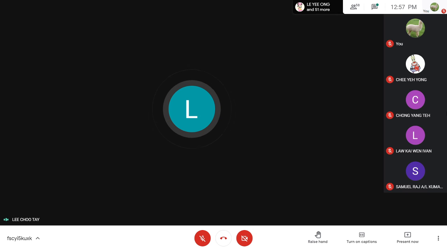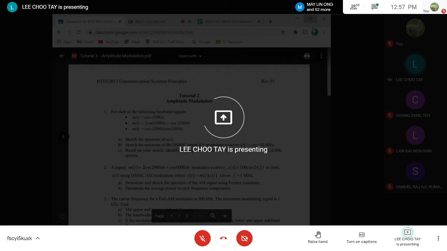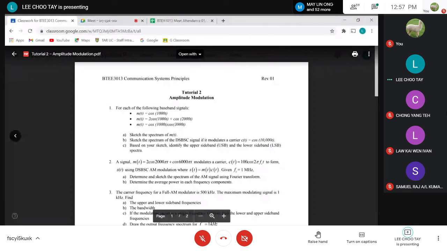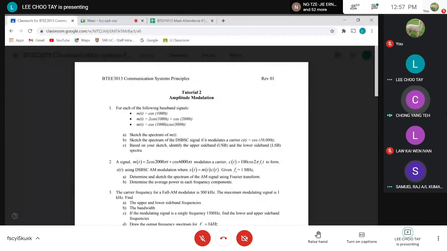Let me share my screen with you. Window, share this screen. Okay, can you see my screen now? Yes. Okay, so this is a screen showing tutorial 2, which covers amplitude modulation. There is no tutorial for chapter 2, as chapter 2 is just a revision.